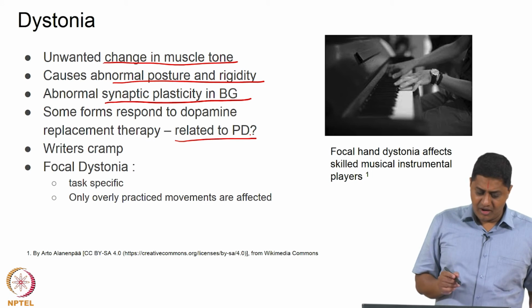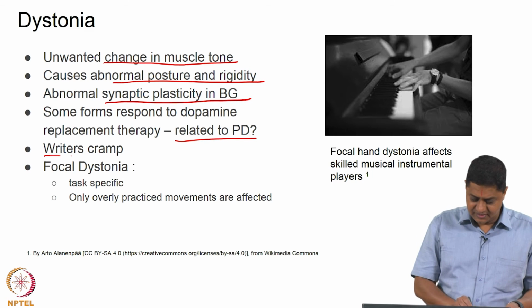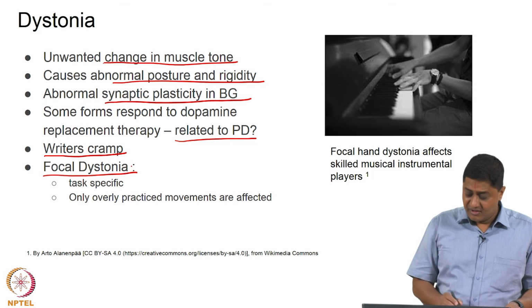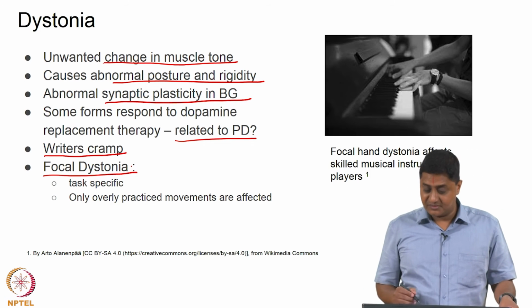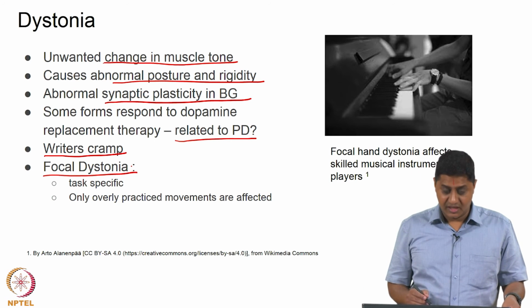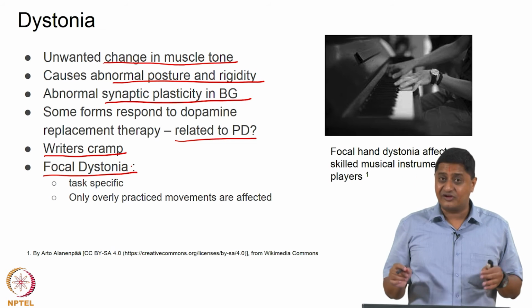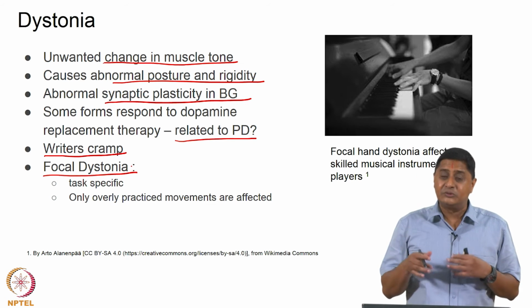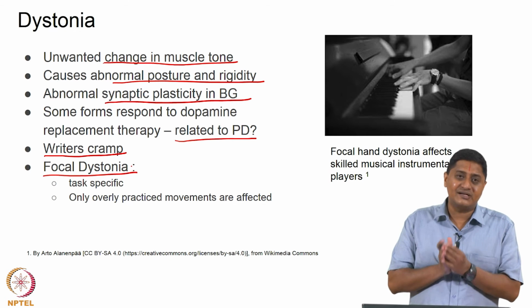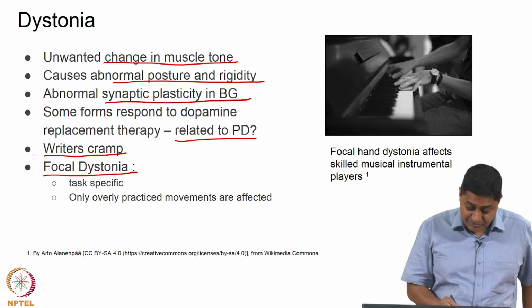One particular form of dystonia is of course writer's cramp or focal dystonia, for example in musician related dystonia. This person can do practically everything using the same effector, but the moment he performs a well practiced task, that movement is affected. It is a task specific thing.